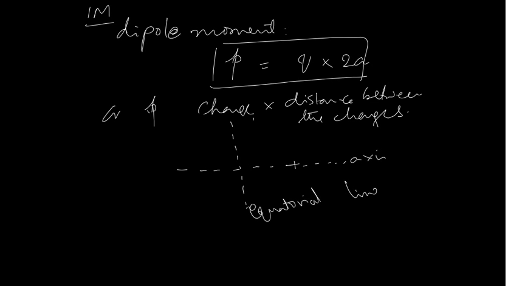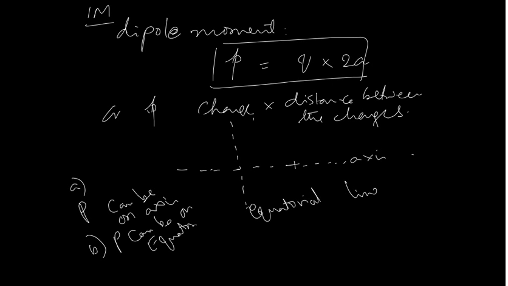So now we have two cases. If the point P is anywhere on the axis, this is case A. Case B, P can be on the equatorial line. So these are the two derivations.